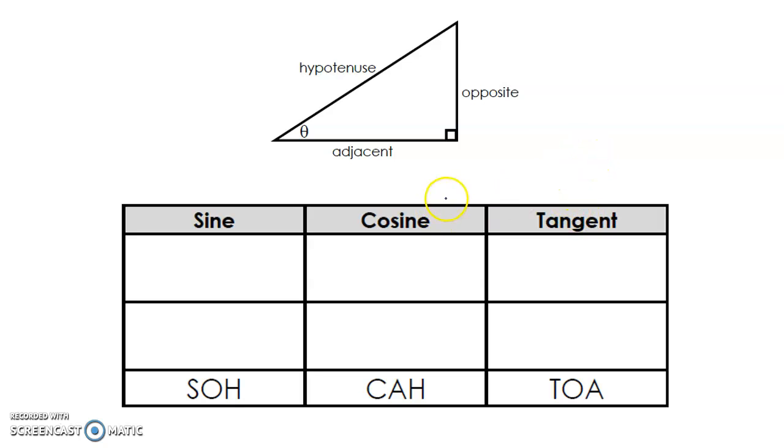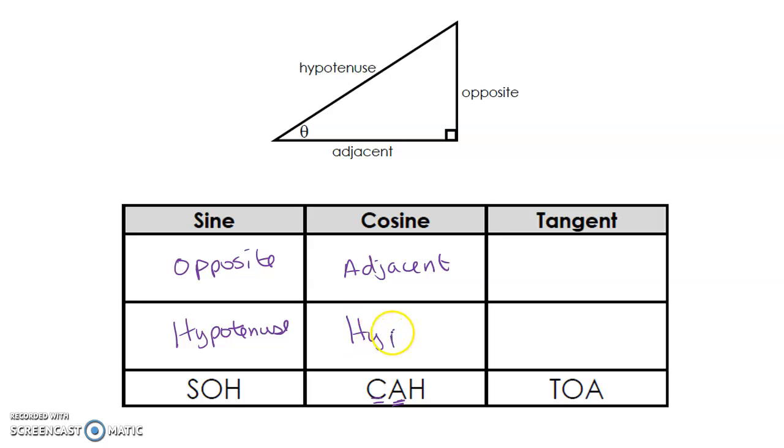So when we're looking at this triangle, sine is just our opposite over our hypotenuse. Cosine is our adjacent. I know A for adjacent, C for cosine, over our hypotenuse.